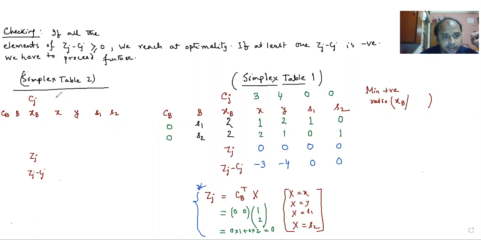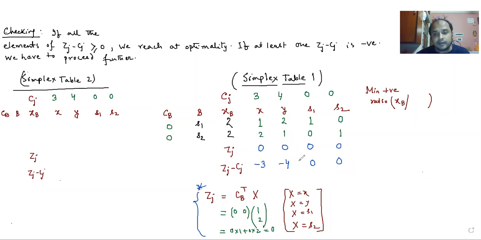The upper portion is quite obvious. This will always contain the net contribution of the variables, so that will not change. 3, 4, 0, 0, which comes from the objective function, we'll substitute that. But the rest of the things will change.